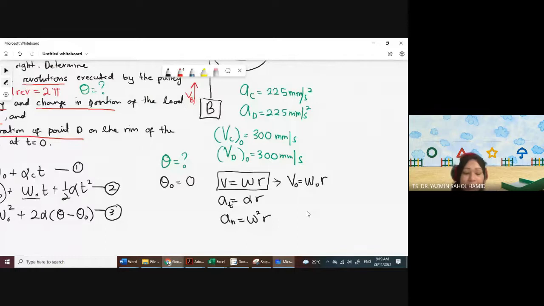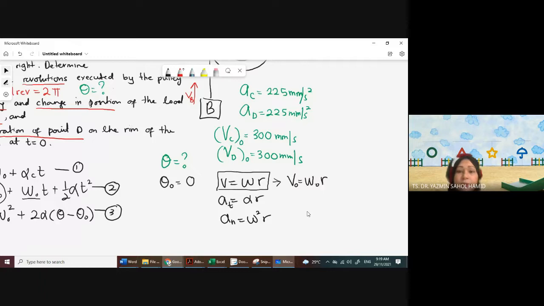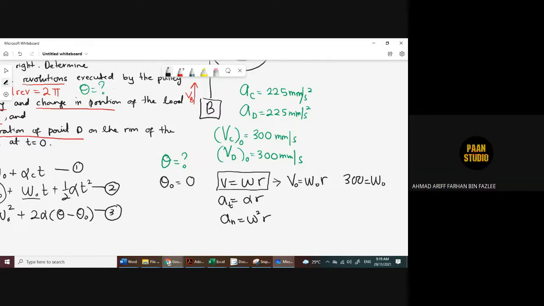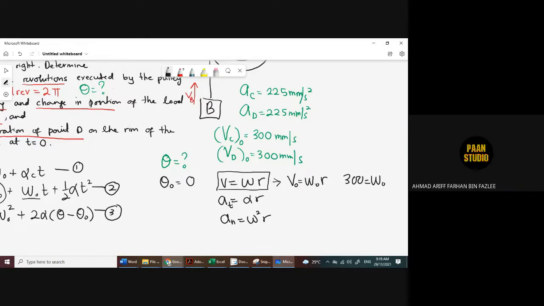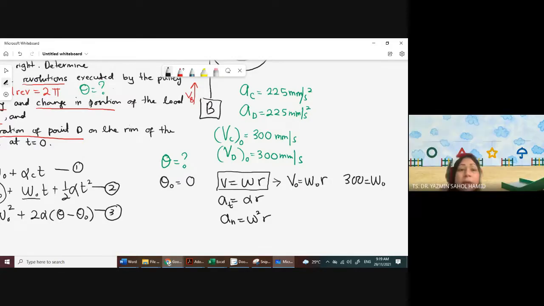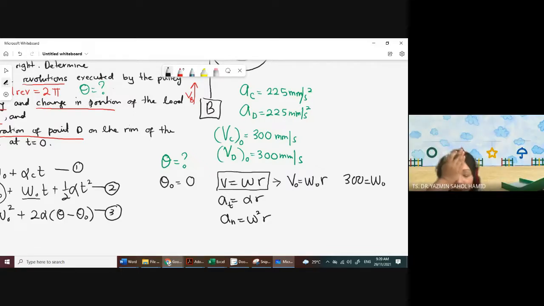V naught kita berapa? 300. Omega naught kita tak tahu. R berapa? R nak pakai mana? R pakai yang dalam kan? Kenapa nak pakai yang dalam?